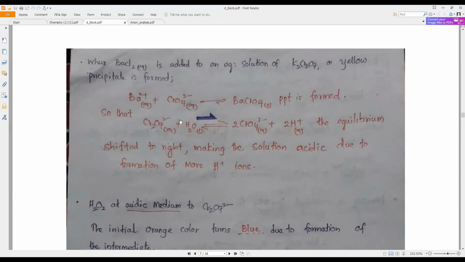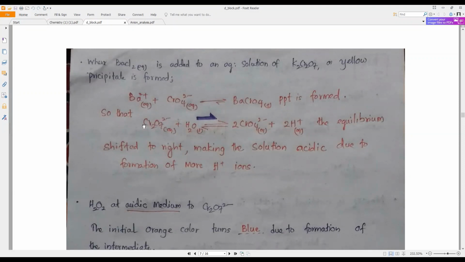So if you know this equilibrium, you can answer, because think about this, right? When dichromate is dissociated in water, it will form chromate and 2 H+ ions, right? Now think, in the question, they have asked, you are adding a little bit of NaOH to dichromate.